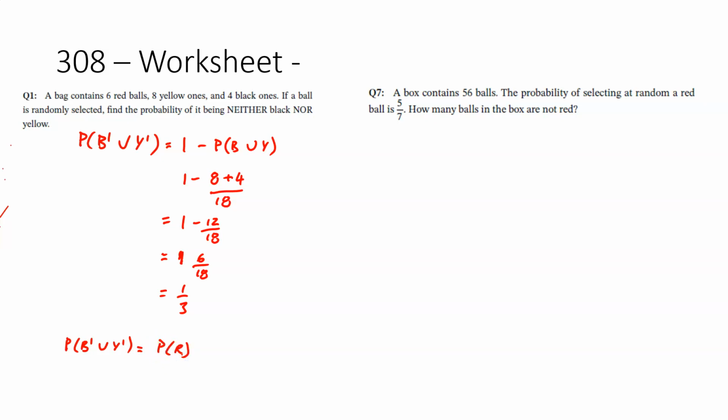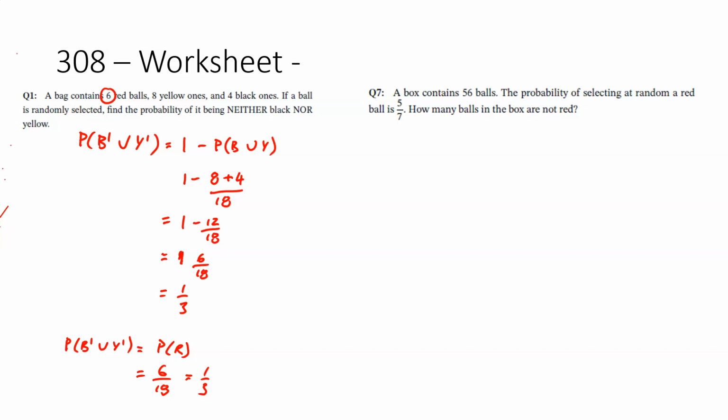So the probability of not black and not yellow is the same as the probability of it being red, which is really easy to work out: 6 out of 18, which is equal to a third. So you could have worked it out as easily as that. Sometimes going one way makes it a little bit more complicated than it needs to be.